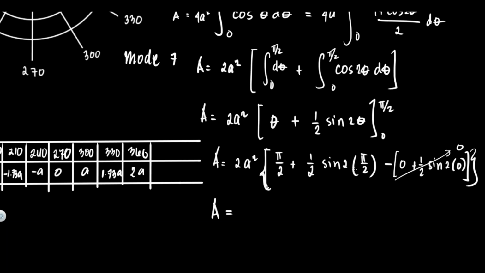Sine pi is also 0. Sine 180 is 0. So what remains is 2a squared times pi over 2. So the final answer is pi a squared square units.